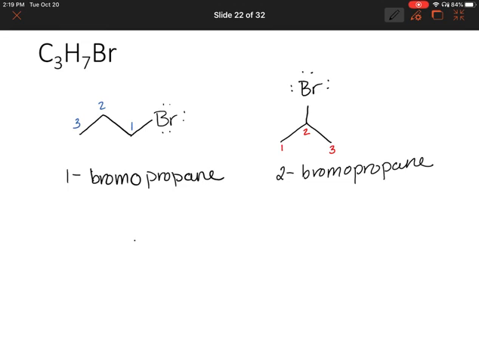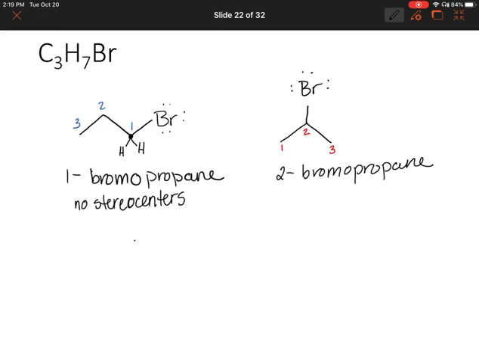Nope. You might be tempted to say that carbon 1 has 4 different bonds, but remember, it's bonded to 2 hydrogens. And those 2 hydrogens are the same, so that disqualifies carbon 1 as a stereocenter. So there are no stereocenters on that molecule.